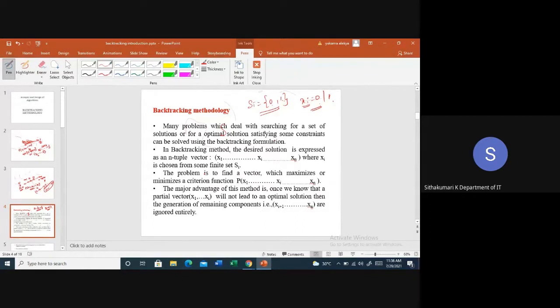If you feel that you won't get a solution going down this path, you will stop. For example, you want to reach some place and you have chosen a path. After traveling some time, if you feel that you will not reach the destination by following this path, will you continue blindly?